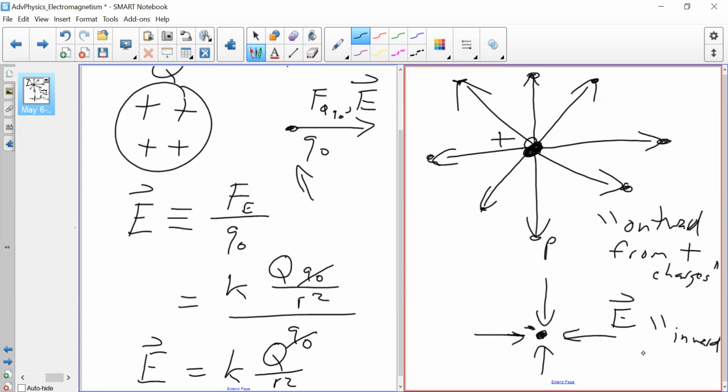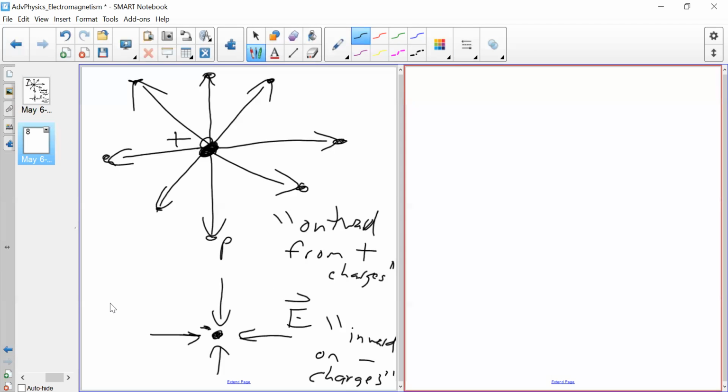So inward on negative charges. Electric field, only need one charge. Electric force, 2 or more. We do 2 at a time. So electric field, like the electric force, is a vector.